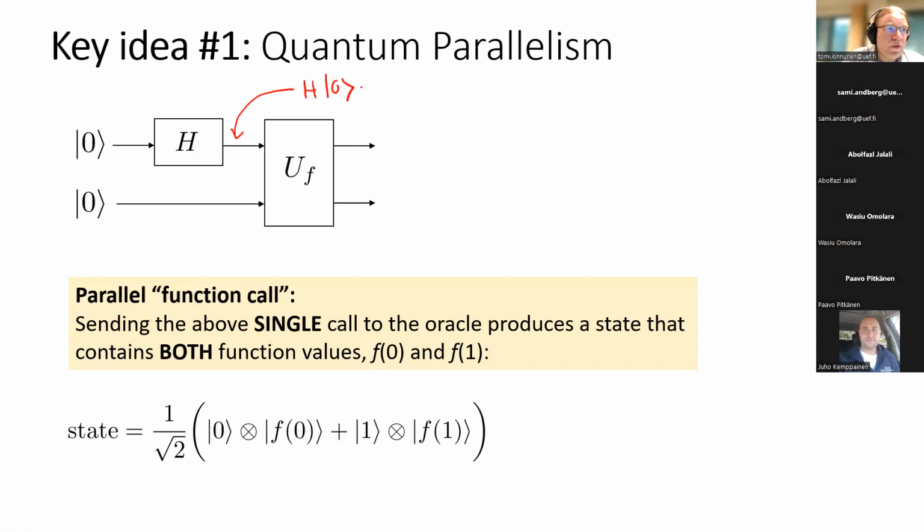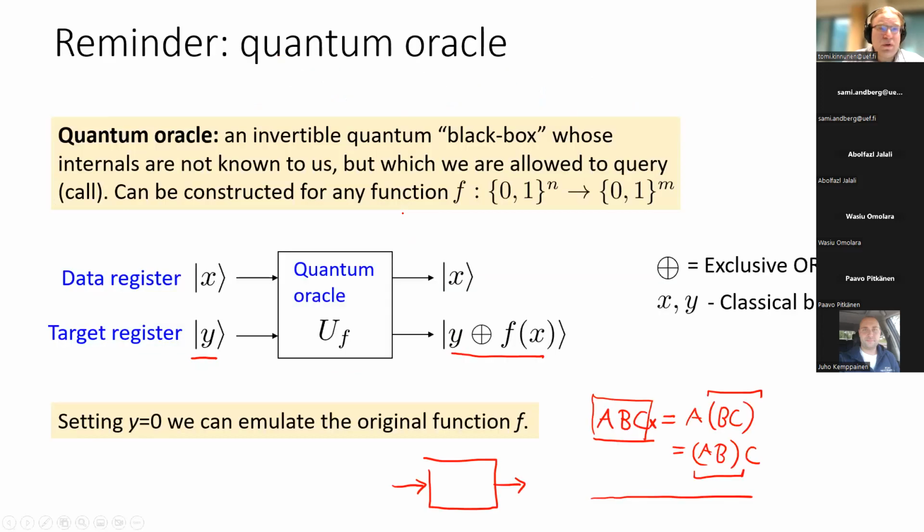Every now and then it's good to repeat these things so that you start to memorize them. We had a shorthand, the plus state, because we got the plus sign here. So the Hadamard is here to create the superposition, and then you apply the oracle, constructed as defined here.